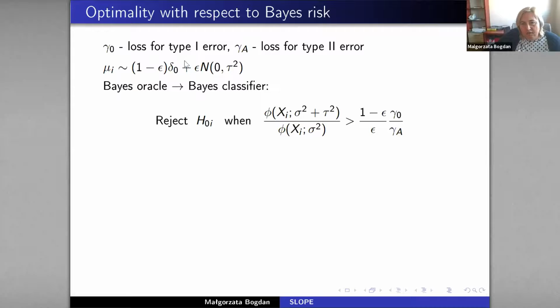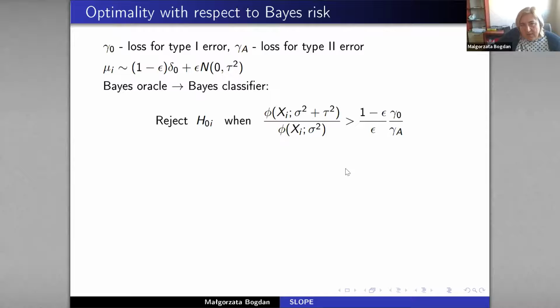Under the alternative, my mu comes from N(0, tau square), so my xi comes again from a normal, but with variance equal to sigma square plus tau square. This is the density of my x under the alternative. What you have in the bottom is the density of my x under the null. Under the null, mu is simply equal to 0, and my x has a normal distribution with mean 0 and variance sigma square.